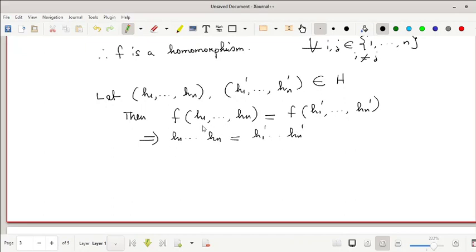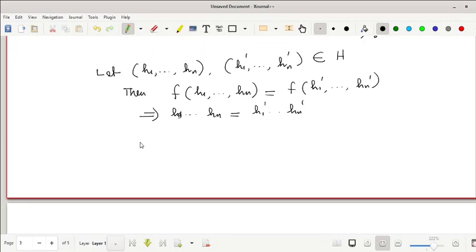But this product is an element of G, and every element of G is uniquely expressed as the product h1, h2, h3 and so on. So this will imply hi equal to hi prime for every i from 1 to n.